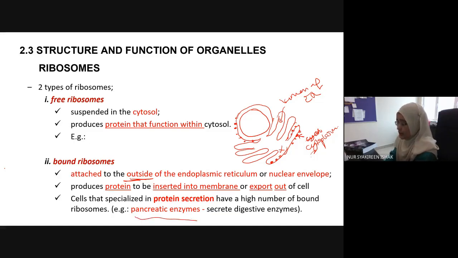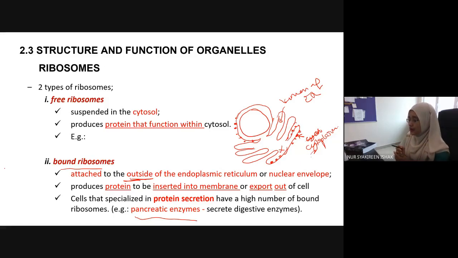Bound ribosomes will only produce protein to be used outside of the cell, or to produce enzyme that is confined within a vacuole, for example hydrolytic enzyme in lysosome. Enzymes produced by the pancreas are also produced by bound ribosome because they are secreted out of the cell.